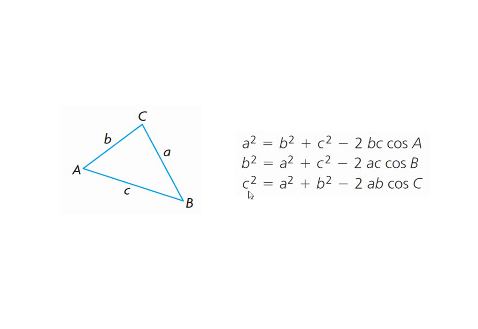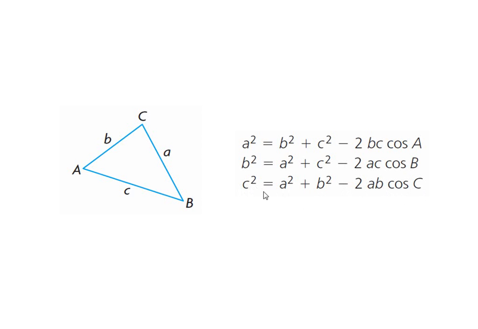Because you studied the Pythagorean theorem before, you are very familiar with it. So you first write down the Pythagorean theorem and then minus a tail, right? So this is a tail added to the Pythagorean theorem.